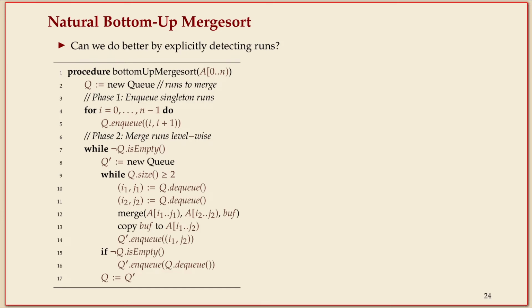Now you have runs of length 2. So you can take the first two runs, each of two elements, merge those into one run of length 4. If you spell that out, that's what this code does. So maybe let's do a tiny example on just say 8 elements. That's not 8.